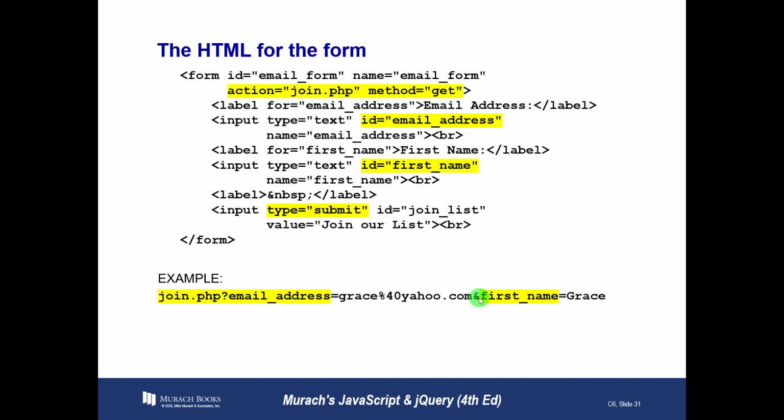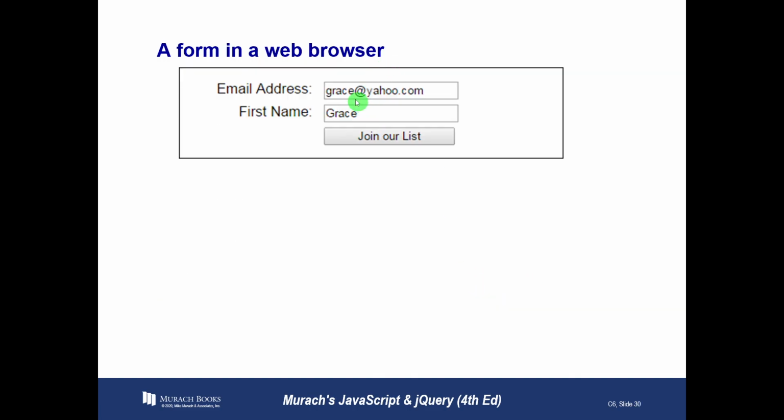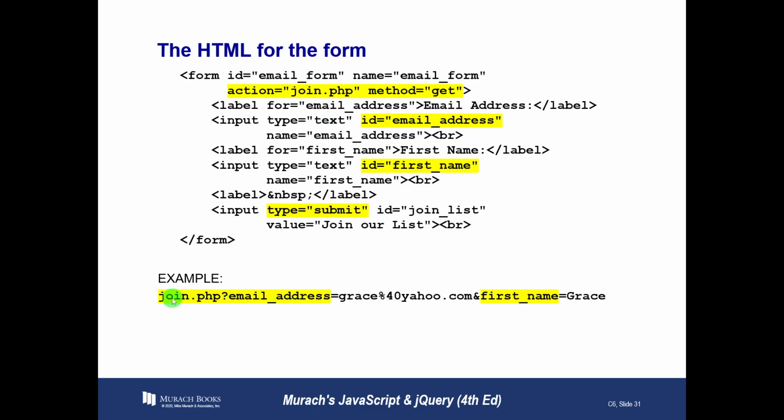And the second is first name equals Grace, which is what the user has filled out here. Okay, so that's sent in clear text, and you can see that in your address bar when you use a get request. Now, when you use a post request, it is not displayed, and it can be encrypted, and it's a little bit more secure.